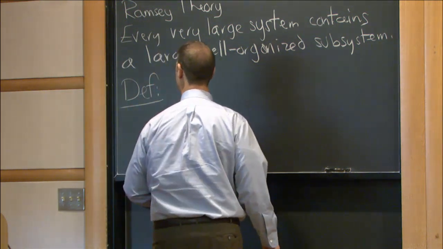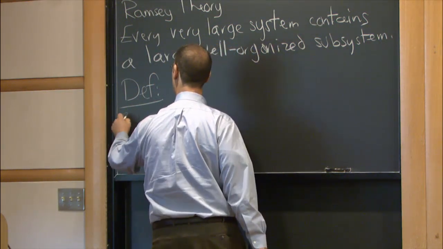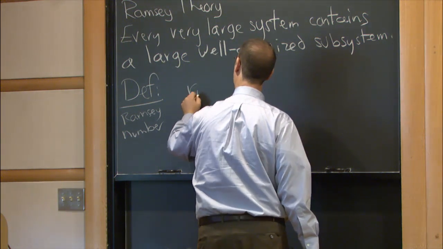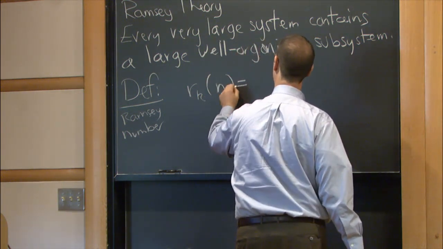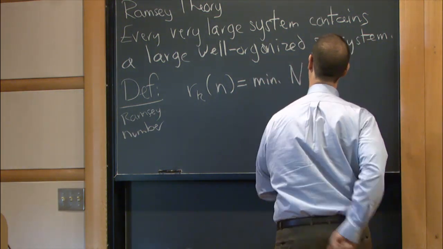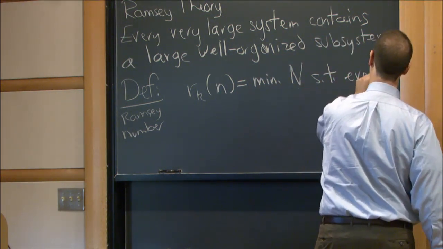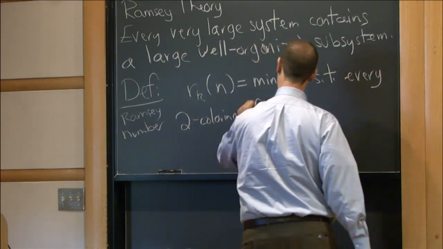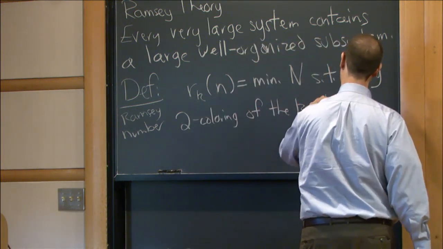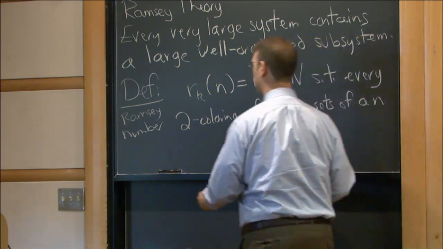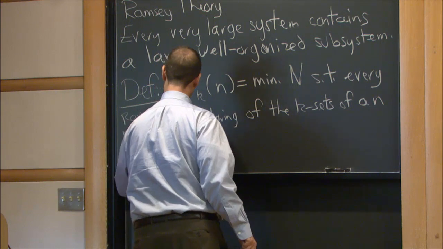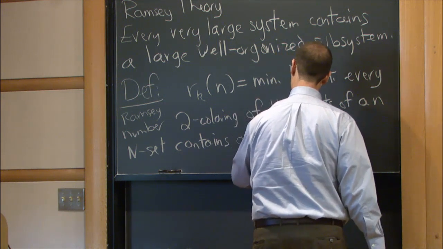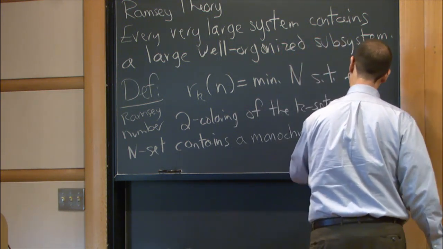Here's a classical definition. The Ramsey number R_k of n is the minimum big N such that every two coloring of the k sets of an N set contains a monochromatic little n set.